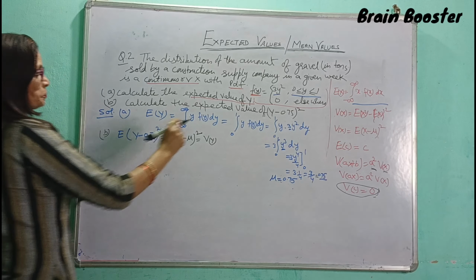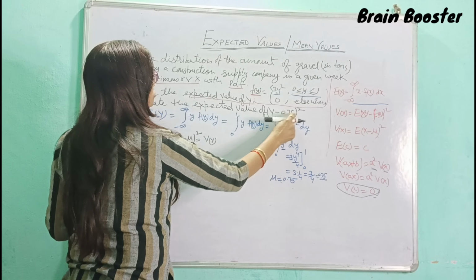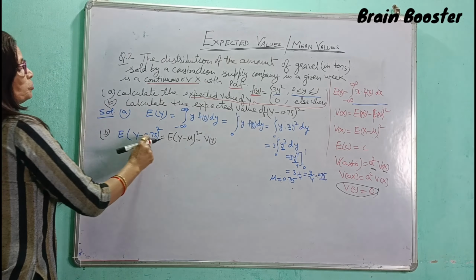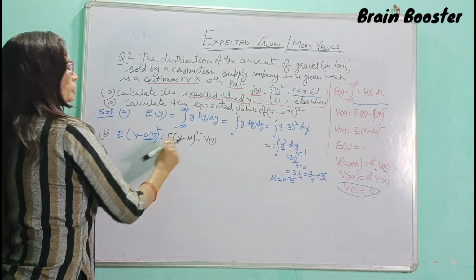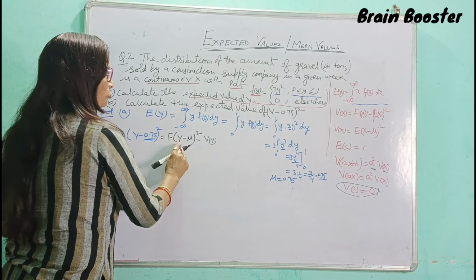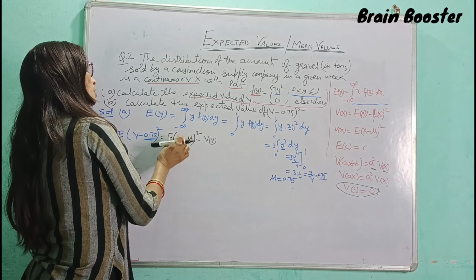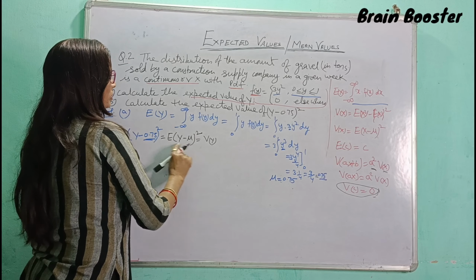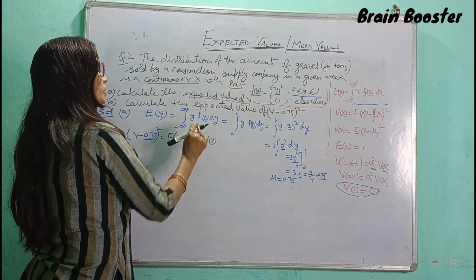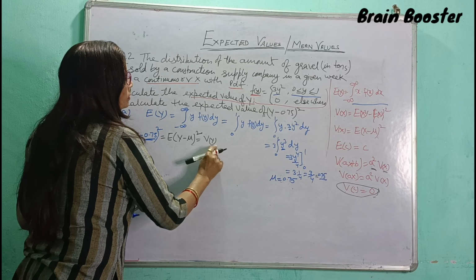Okay. Expected value of (y minus 0.75) square, where 0.75 is mu, that means expected value of (y minus mu) whole square, and this is the formula for variance.